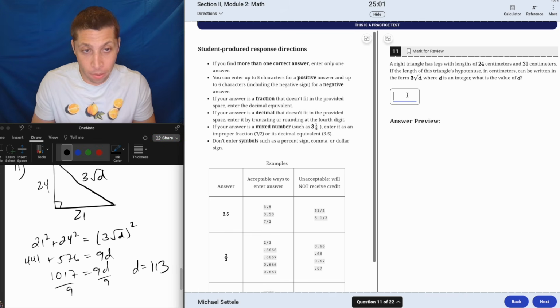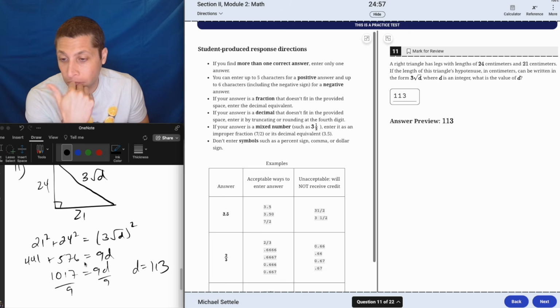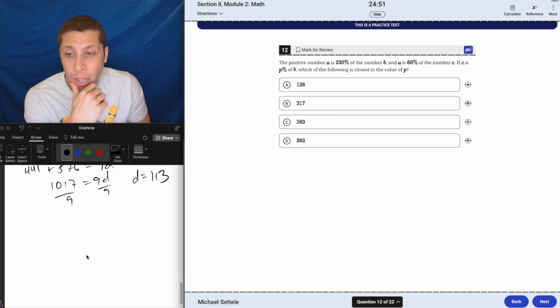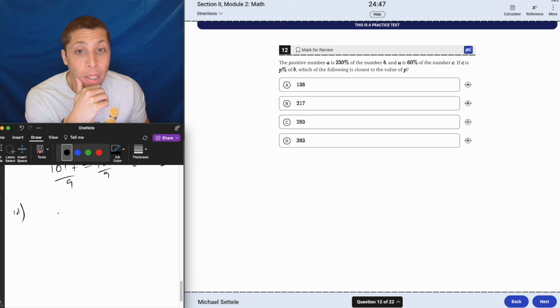Okay. I mean, seems fine. I'm sure I could check this, but perfect. Little open formula. Positive number A is 250% of the number B, and A is 60% of the number C. If C is P% of B, okay, you just gotta pick numbers here.